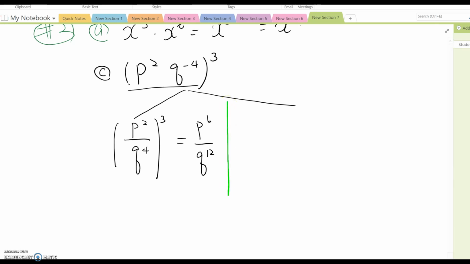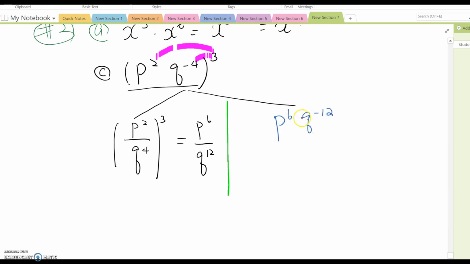And the other way is to just distribute this power to each variable term. Then it is going to be p to the 6, q to the negative 12.